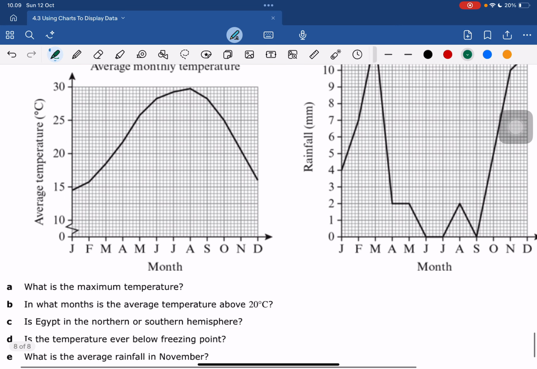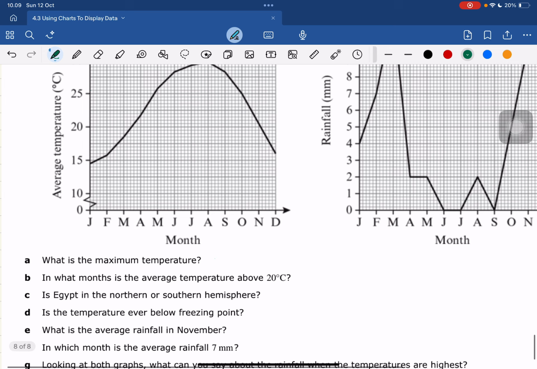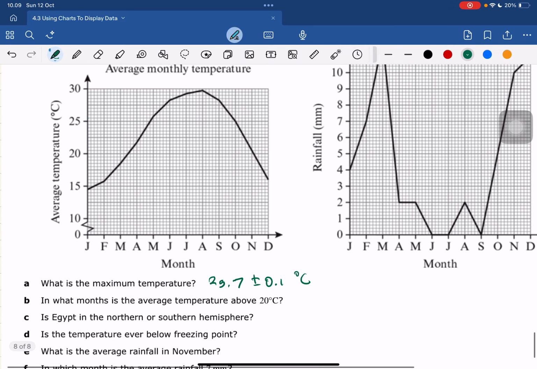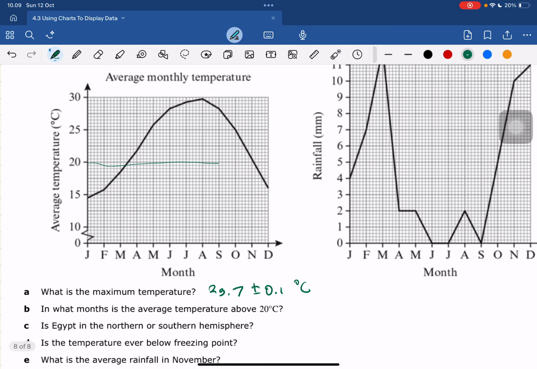So let's write it. It could be 29.7 or plus minus 0.5 degrees Celsius. In what month is the average temperature above 20? Okay, here. So we got from April to November.